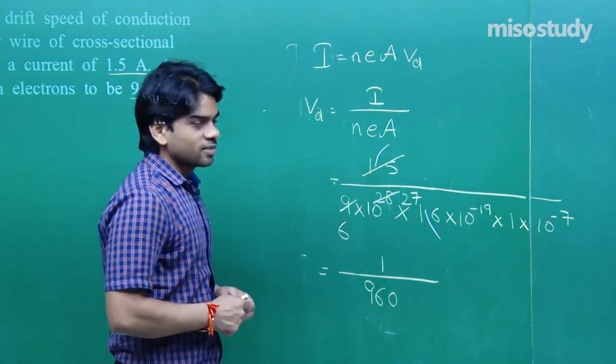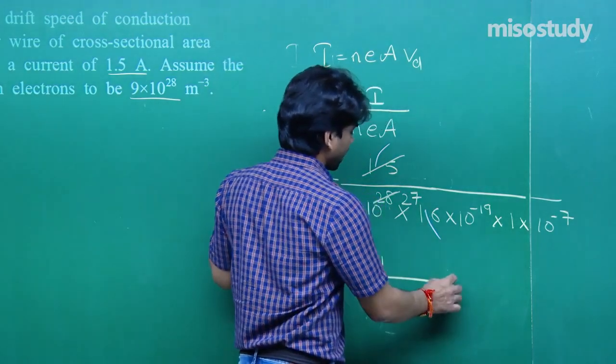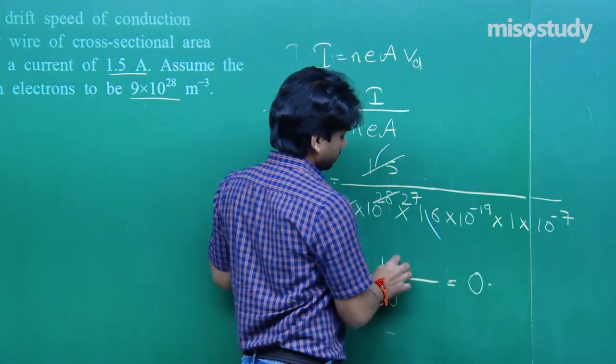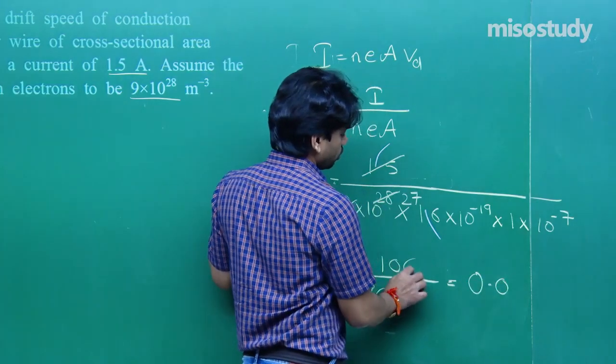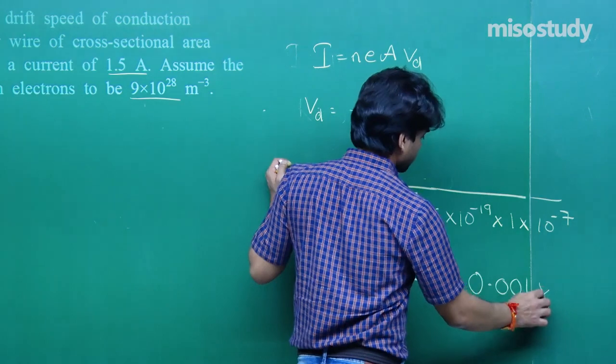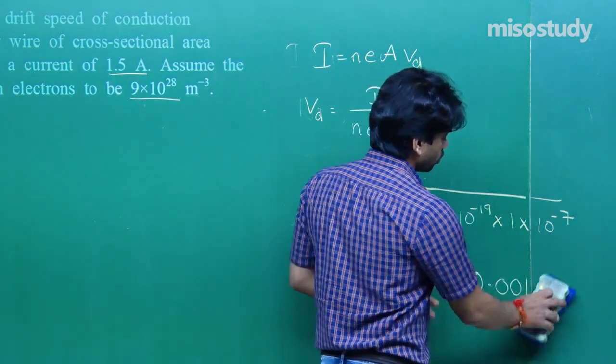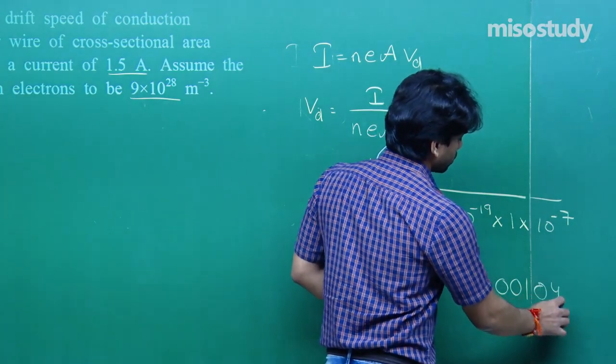1 upon 960. So this will come out to, if you just check it, somewhere around 1.00104, something like this it will come.